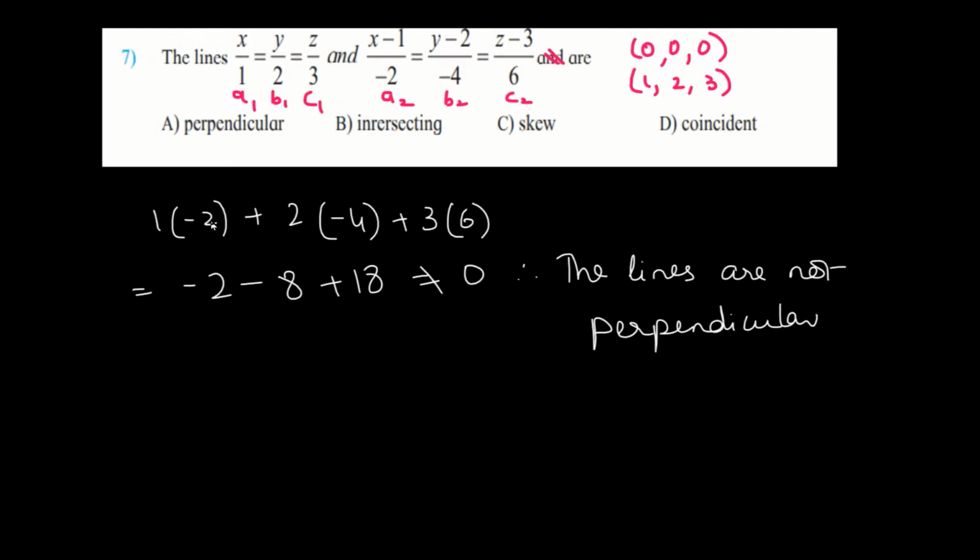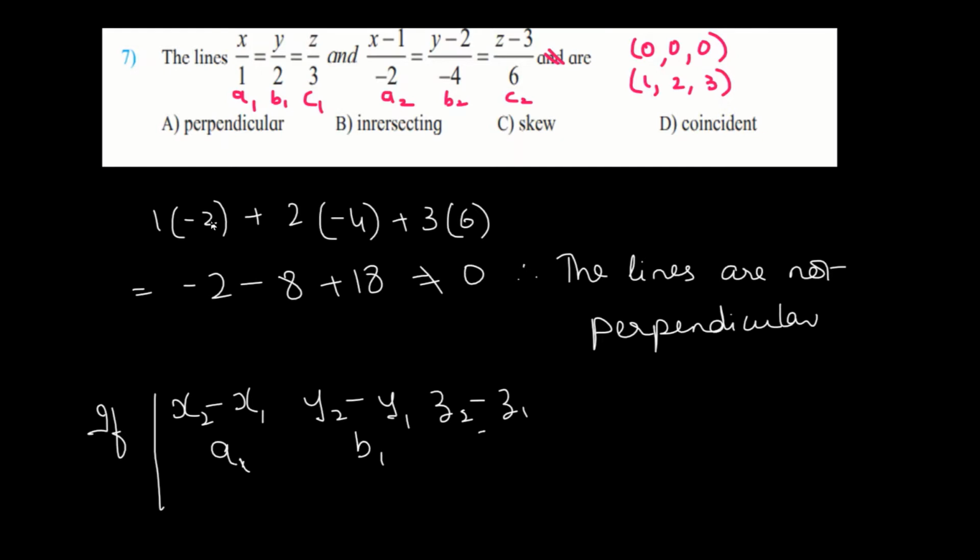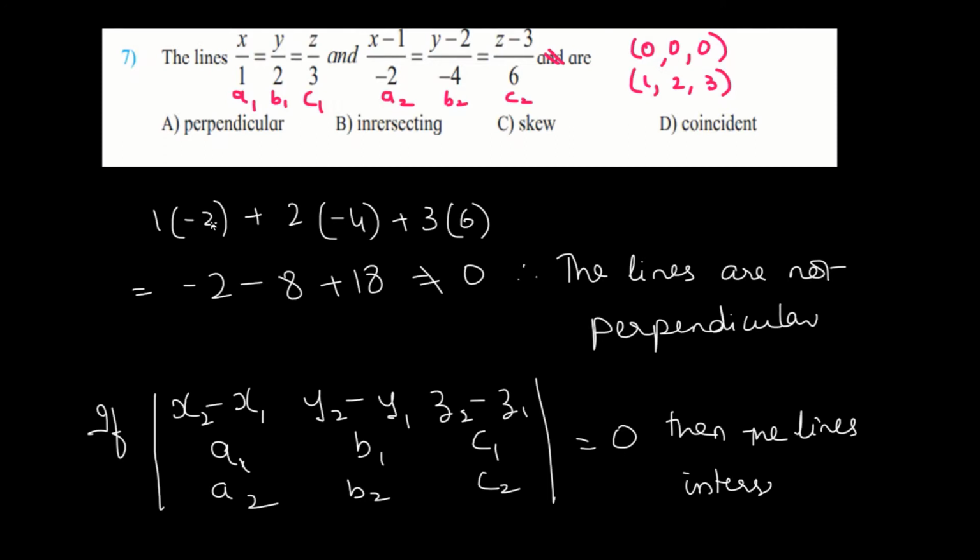Let us check whether the lines are intersecting. The lines will intersect if the determinant with first row x2 − x1, y2 − y1 and z2 − z1, second row a1, b1, c1 and third row a2, b2, c2 is 0. Now let us check whether our lines are intersecting.